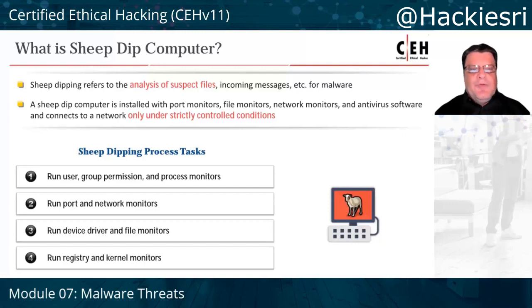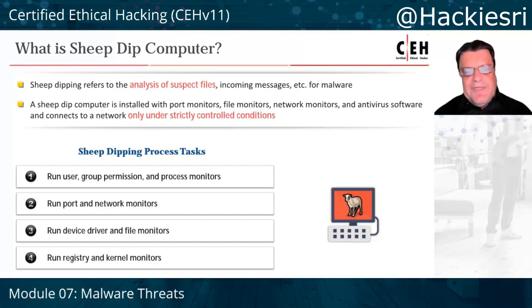A sheep dip computer is installed with port monitors, file monitors, network monitors, and antivirus software and connects to a network only under strictly controlled conditions. Sheep dipping process tasks include running user group permissions and process monitors, running port and network monitors, running device driver and file monitors, and running registry and kernel monitors.